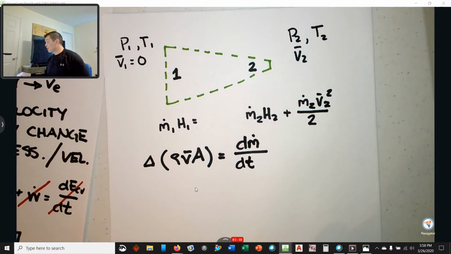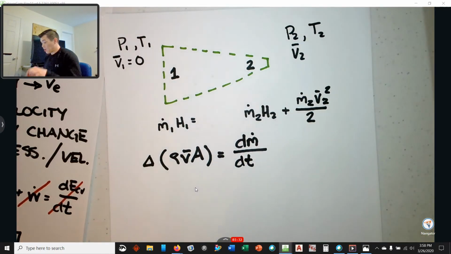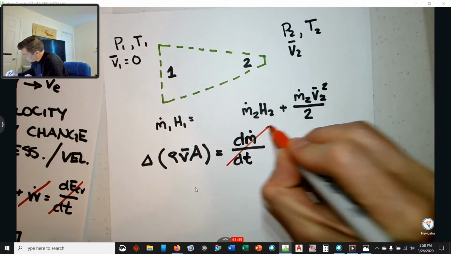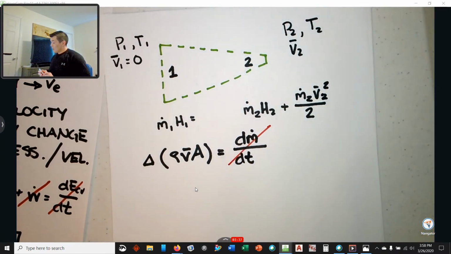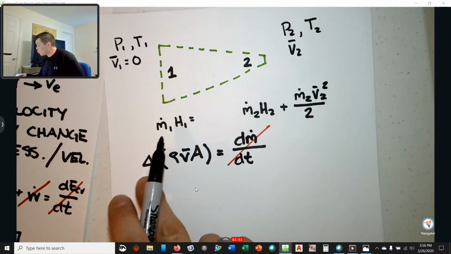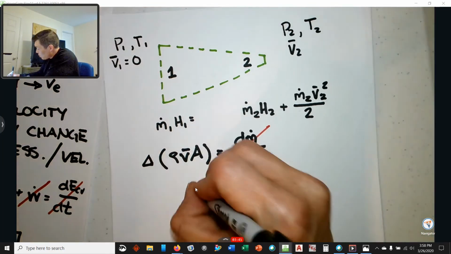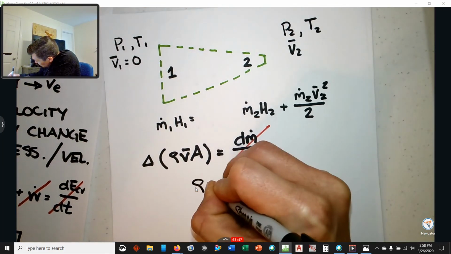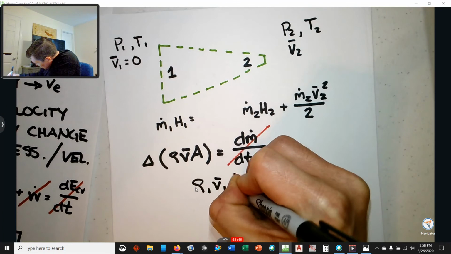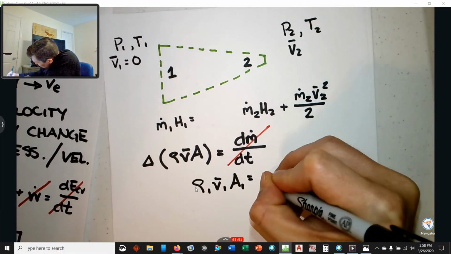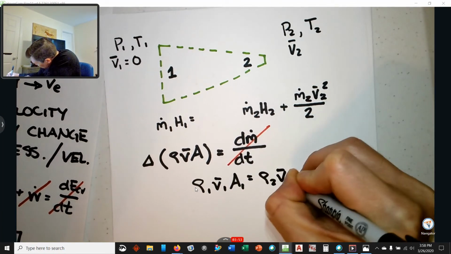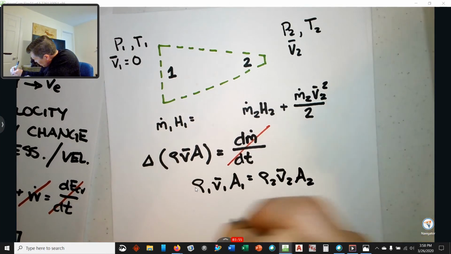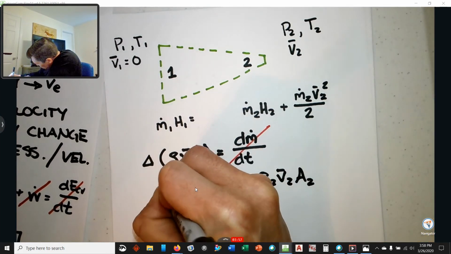All right, we know we're operating at steady state, so we won't have this change with time. And so all we can really say is, without that change in time, that M1 does equal M2, but what we can say is rho 1, V1, A1 equals rho 2, V2, A2, but this is also equal to M dot.